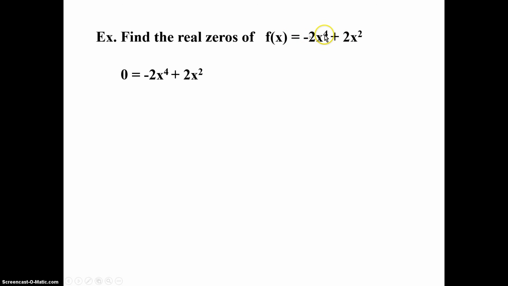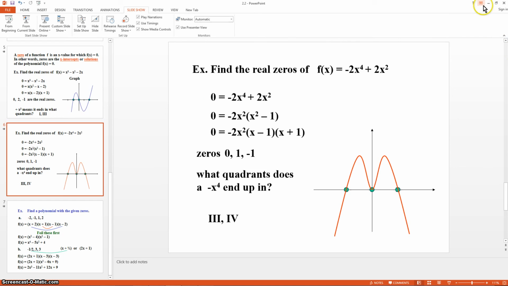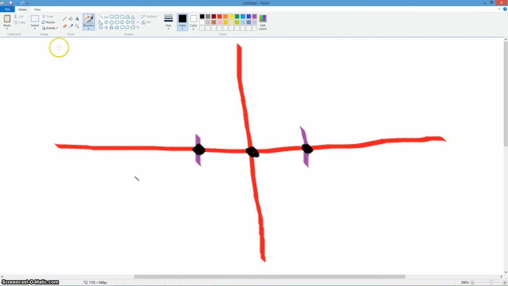The highest exponent is 4. Think even or odd. It's even, so automatically go to your foundation: parabola opening up, parabola opening down. Now, what is the coefficient? The coefficient is negative, so think parabola opening down. Which two quadrants? Quadrants 3 and 4.